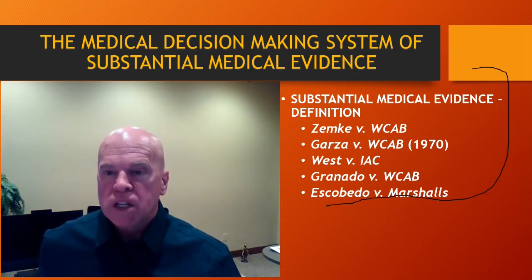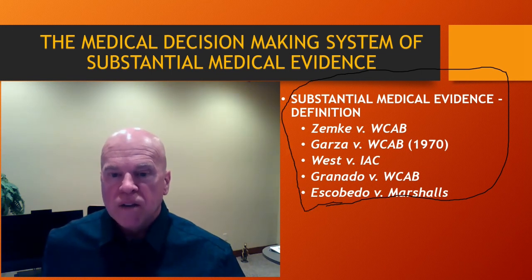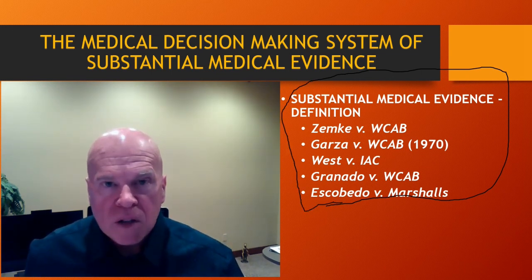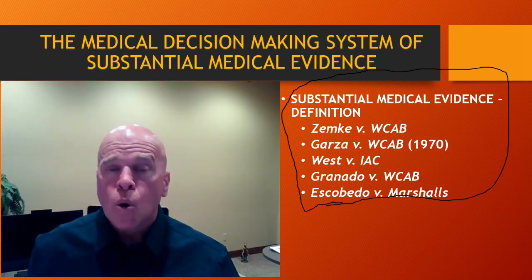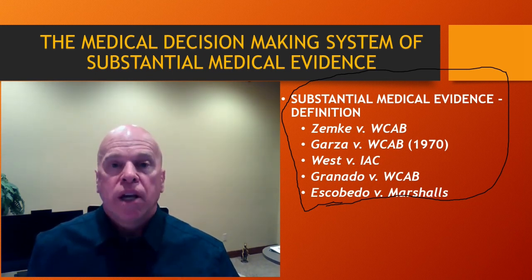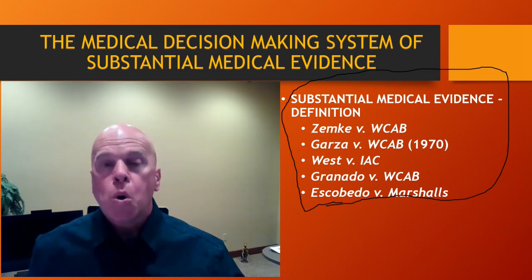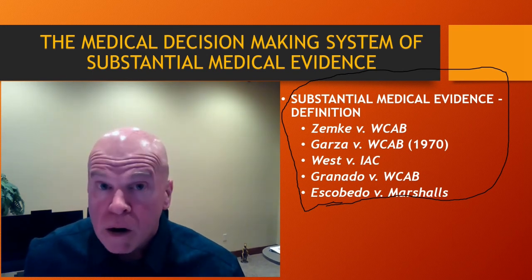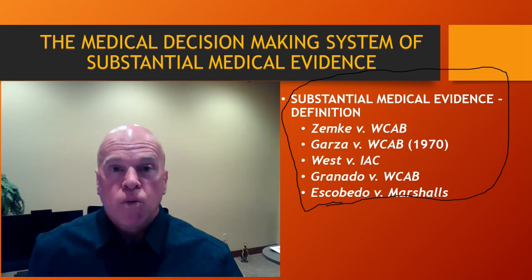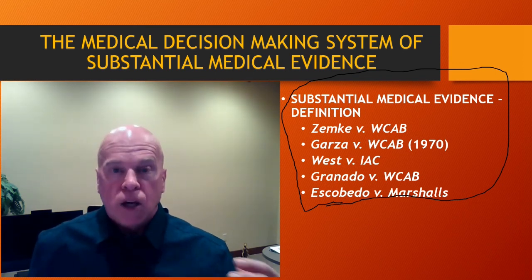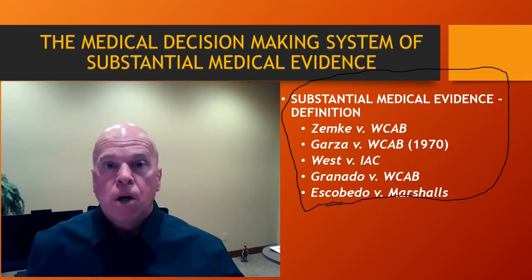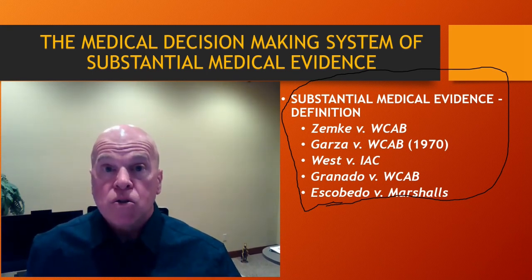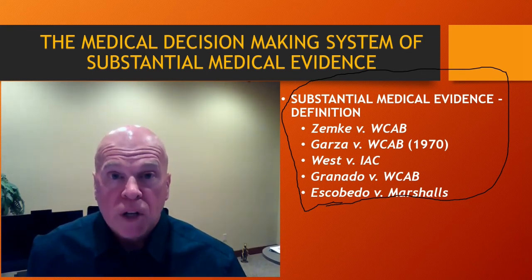But every one of these cases gives us a little bit of insight into what it is that the courts need from us in our reporting, such that the court can satisfy their directives in resolving cases, and the courts have a directive that cases can only be resolved upon substantial evidence. So this is a requirement of the court.